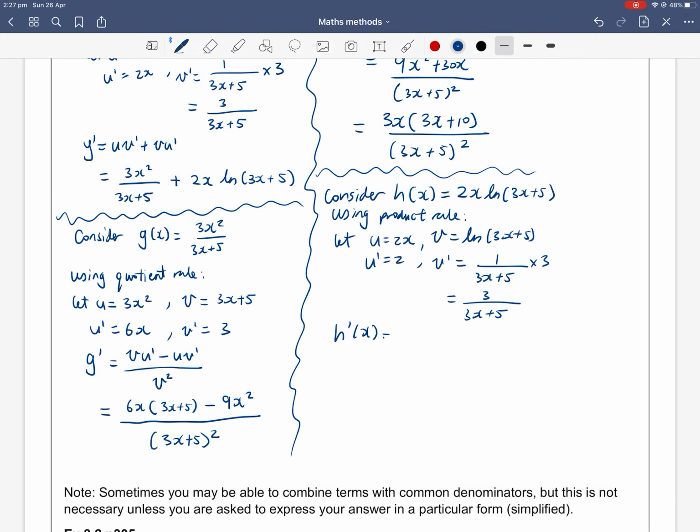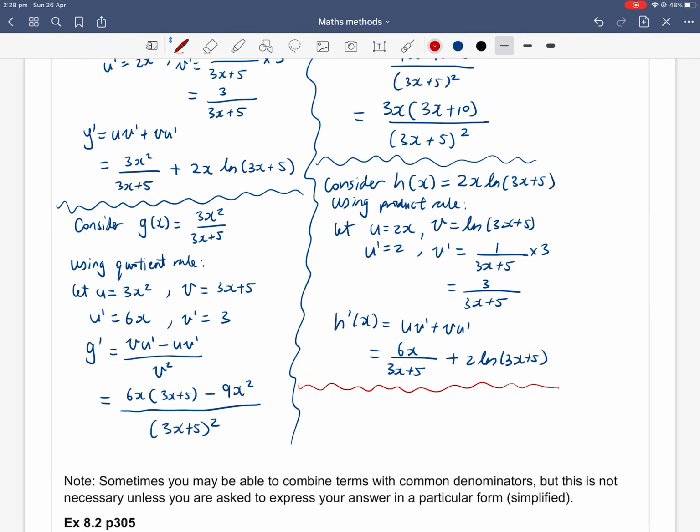So product rule says the derivative h dash is u v dash plus v u dash, which then becomes, so u times v dash is 6x over 3x plus 5 plus 2 ln of 3x plus 5. So we can finish off, because we've differentiated two terms individually, we need to combine them to find y dash dash.